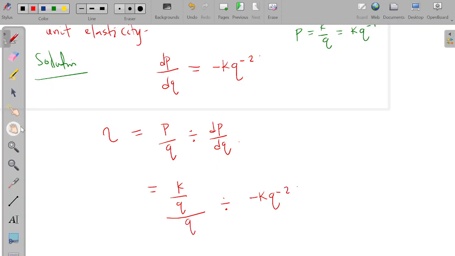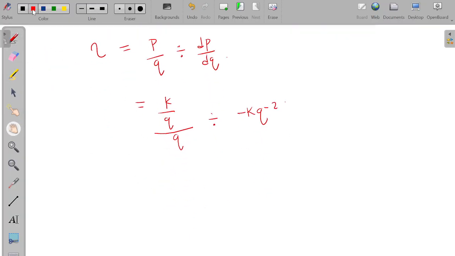Okay, divide by that. All right, so this becomes K over Q square divided by negative K over Q square.